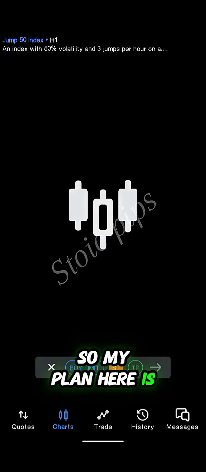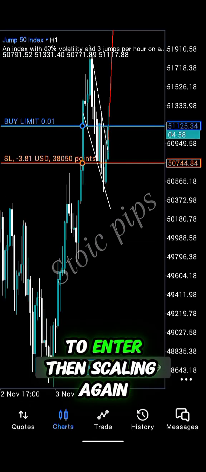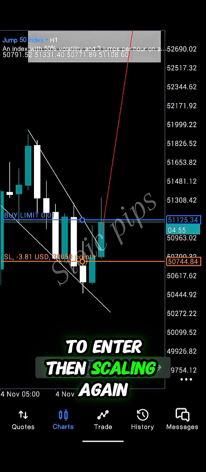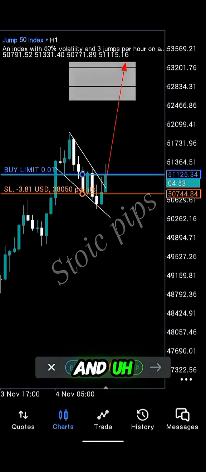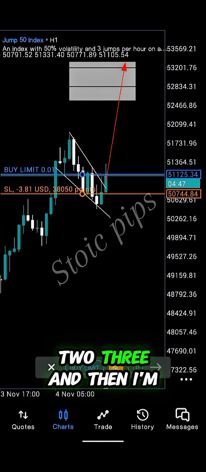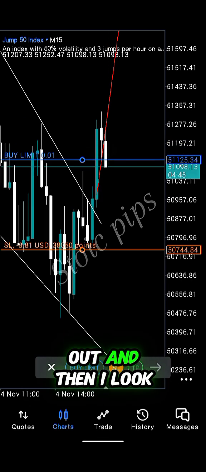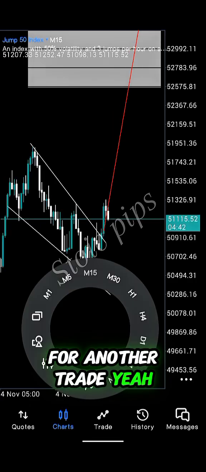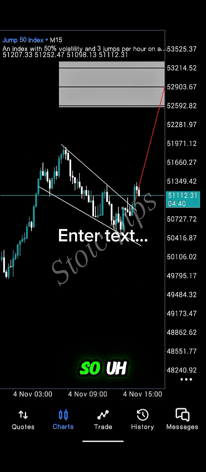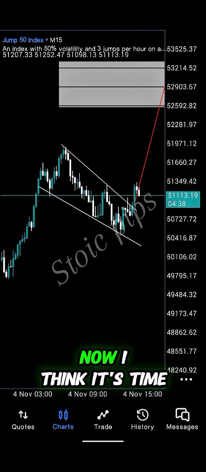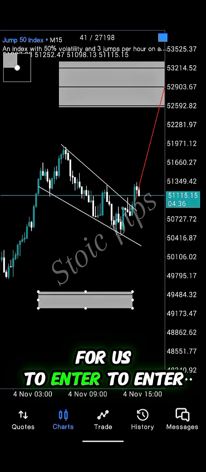So I'll enter for a short time and then get out. My plan here is to enter, then scale in again, and get a risk to reward of 1 to 3, and then I'm out, and then I look for another trade. Yeah, so that's the plan here. So now I think it's time for us to enter.